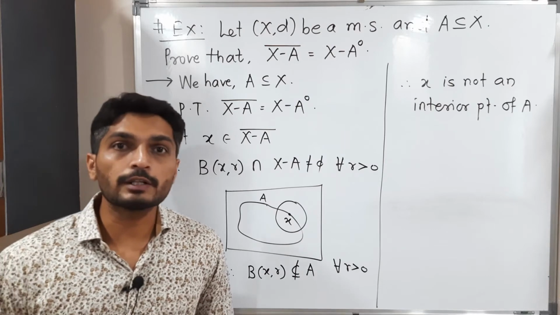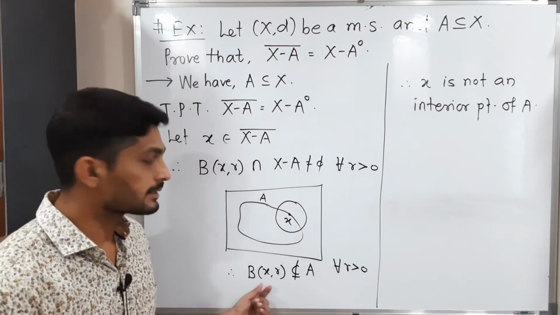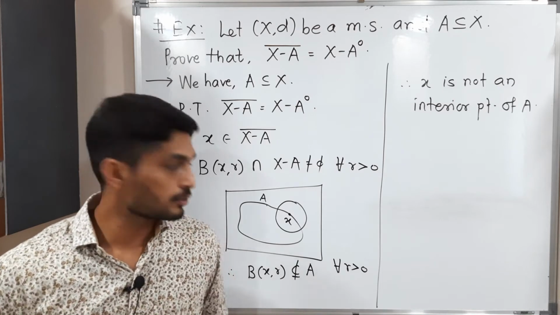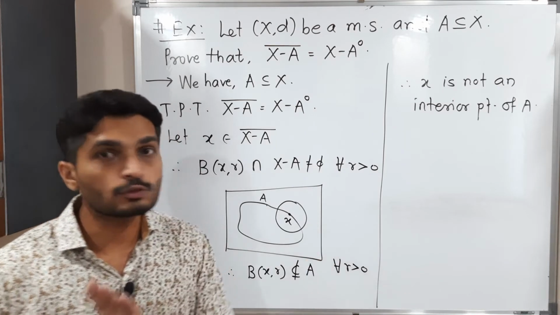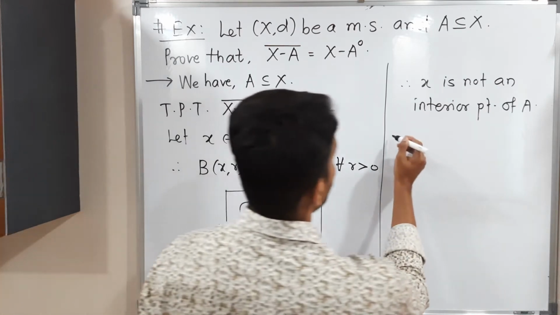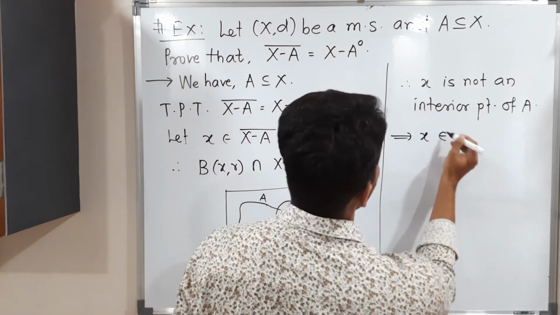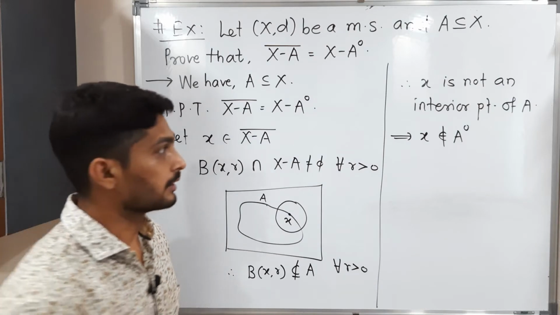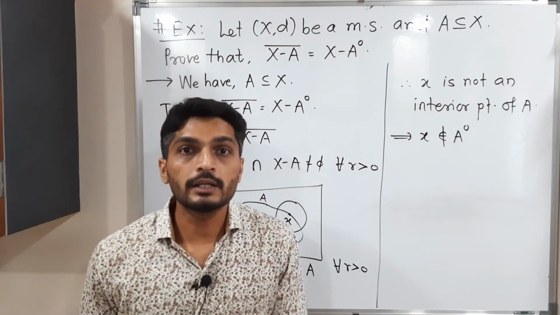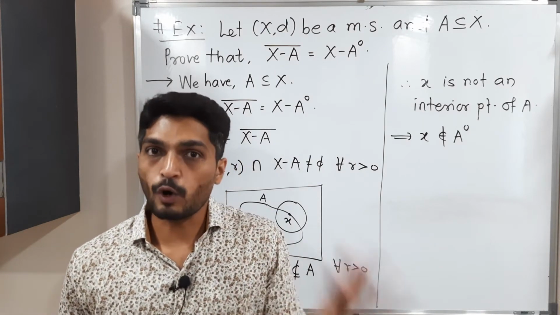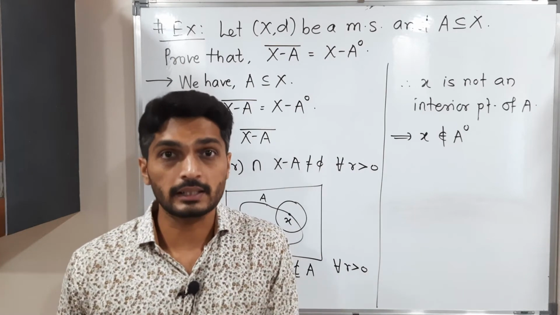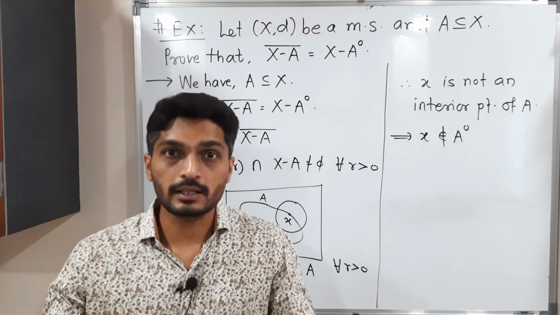In the definition of interior point, what do we get? B(x, r) subset of A. So we are getting B(x, r) is not a subset of A, and this is true for all r. So that's why it is not an interior point. So that means x does not belong to A interior. That means x belongs to its complement. If any person is not present in Ratnagiri, that means they are outside Ratnagiri.